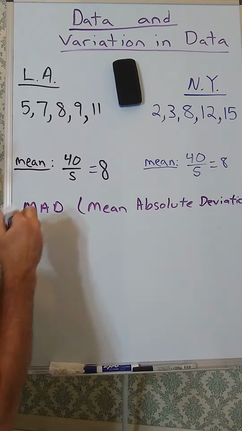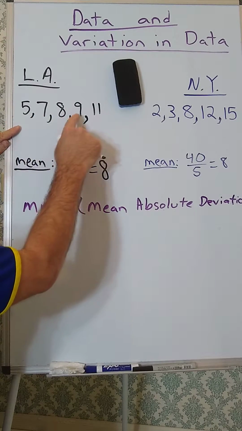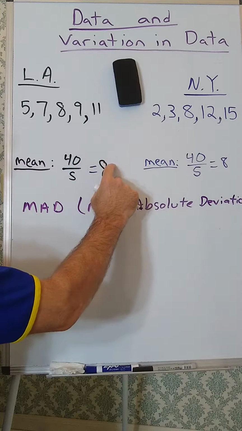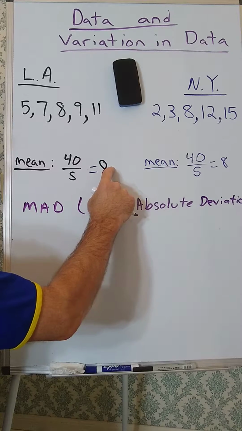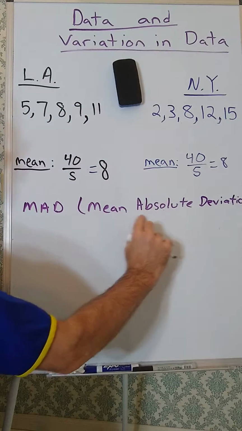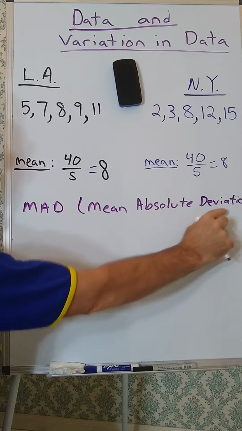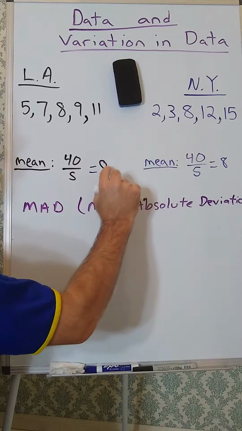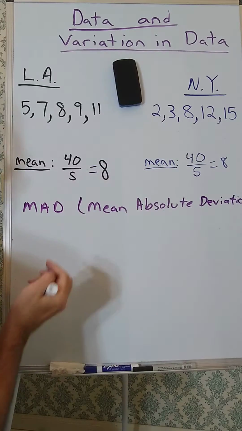So I have 1, 2, 3, 4, 5 values. We're going to think about how far each one is from 8. It doesn't matter if it's less than 8 or greater than 8. That's the idea of it being the absolute deviation. Deviation is it being different from our mean of 8.